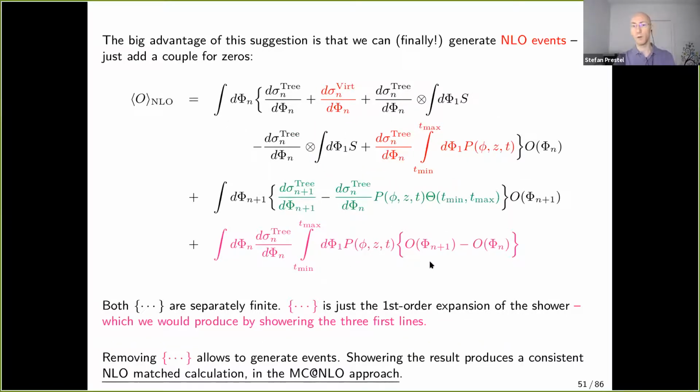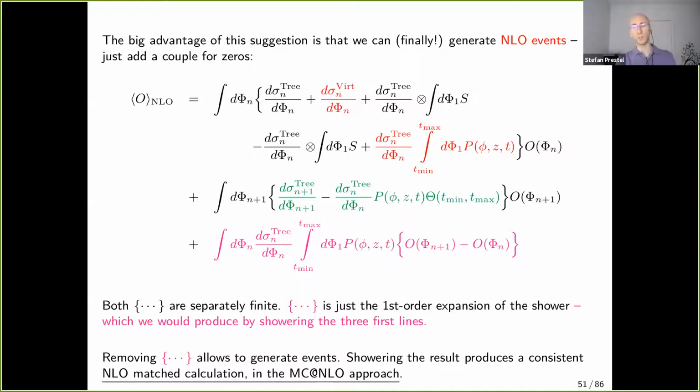Same here: tree-level prior distribution times splitting function with n+1 body dependence, and tree-level times splitting function times -1 for n body dependence. So if this pink term here is removed completely from the equation, and you use all the rest, you use the black curly brackets as the prior distribution from which to start a parton shower, then the parton shower itself will fill in this pink distribution.